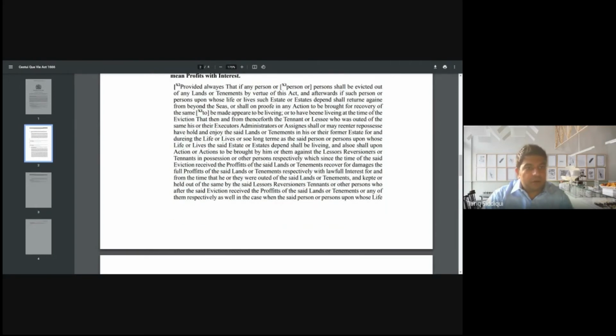Provided always that if any person or persons, okay, I think there was a mistake here, and then they put it in the brackets, and those brackets mean that it doesn't exist on the paper.